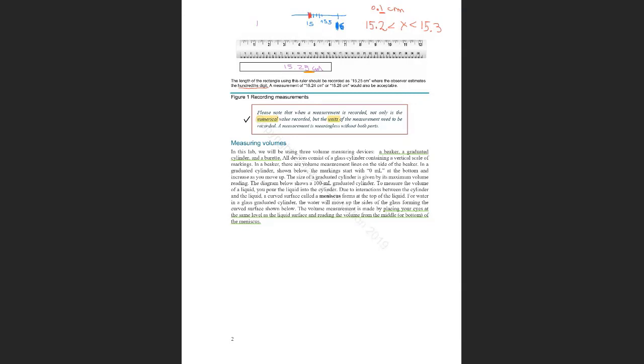Okay, you're welcome. So now we are going to continue. We know how to measure length. One thing that they want us to make sure of is that when we report any measurement, it's not like math.